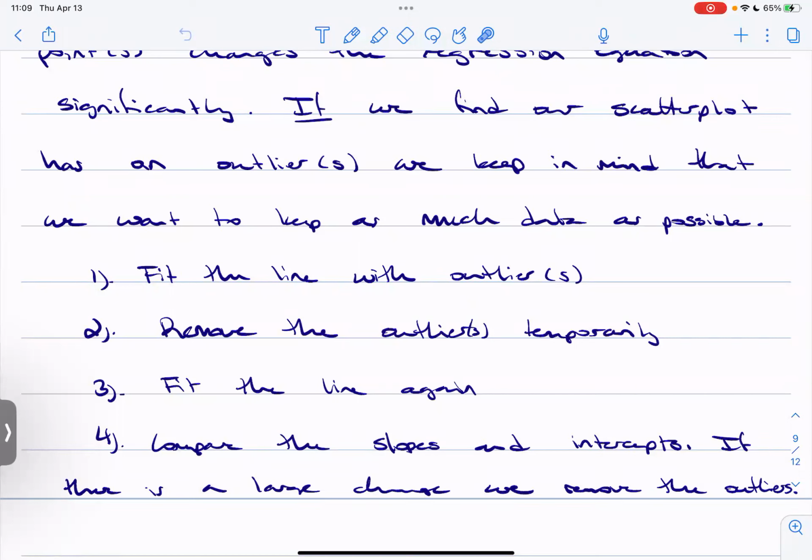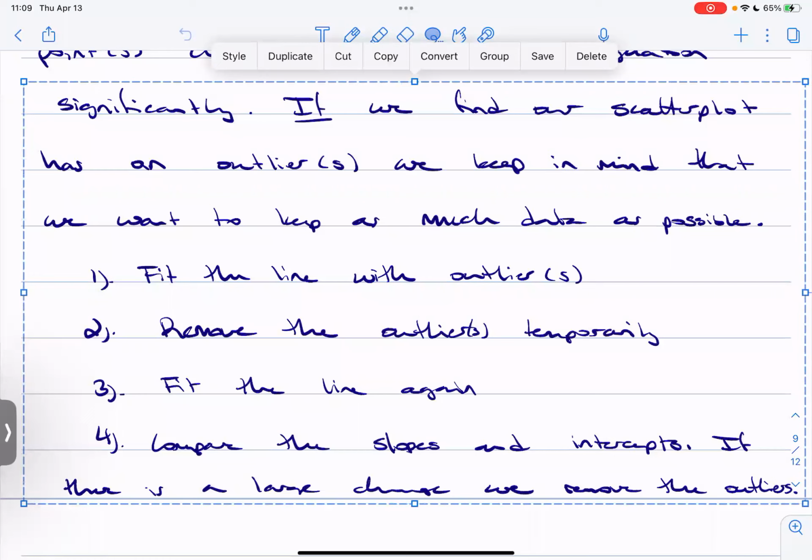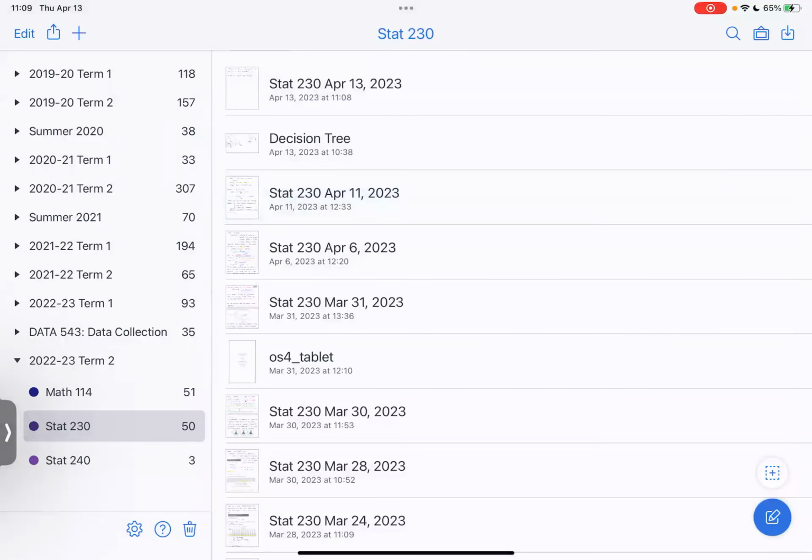But that's where you have to fly on your own and make those decisions. And there's not really a right or wrong answer.